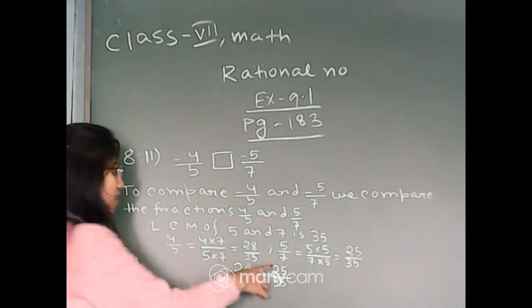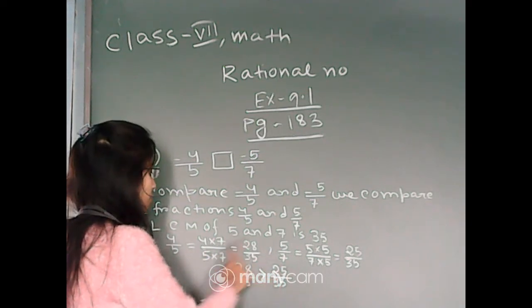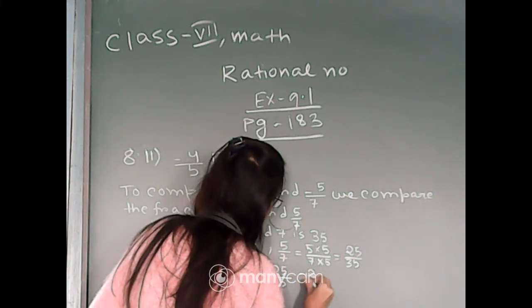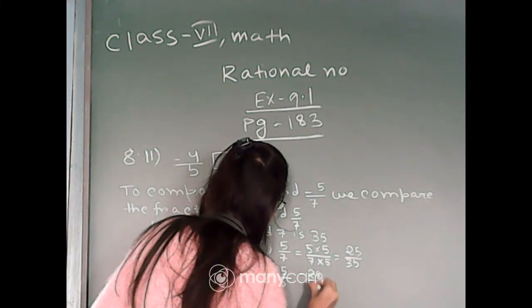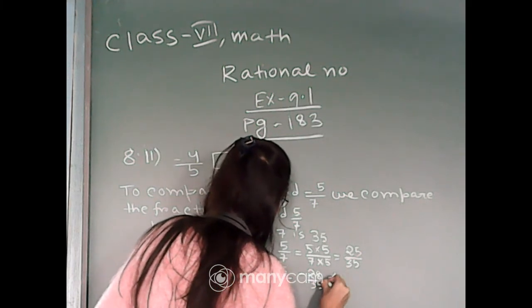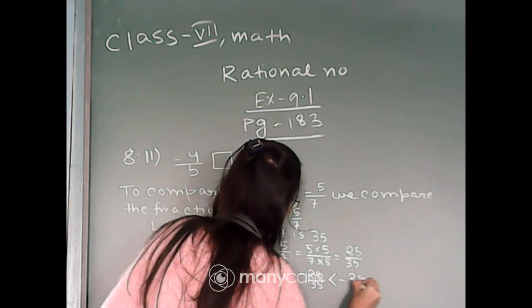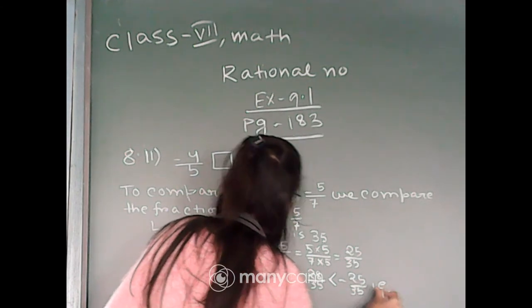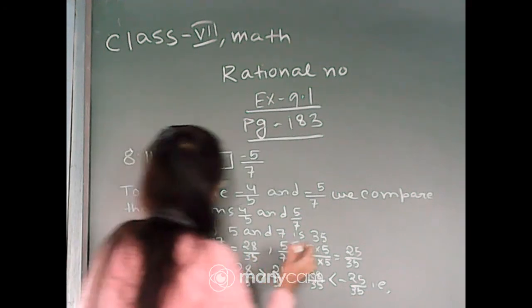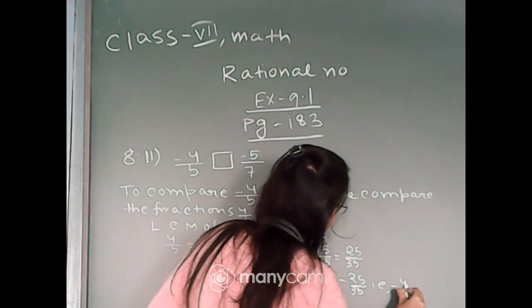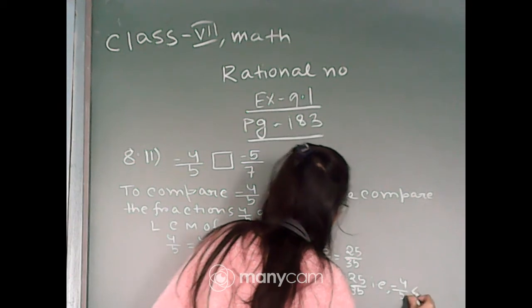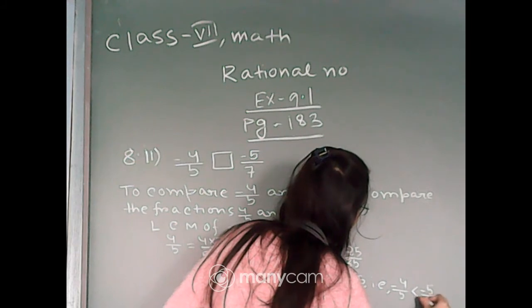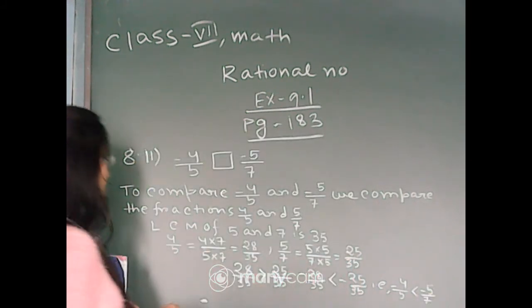So minus 28 divided by 35 is less than minus 25 divided by 35, that is, minus 4 by 5 is less than minus 5 by 7. Clear?